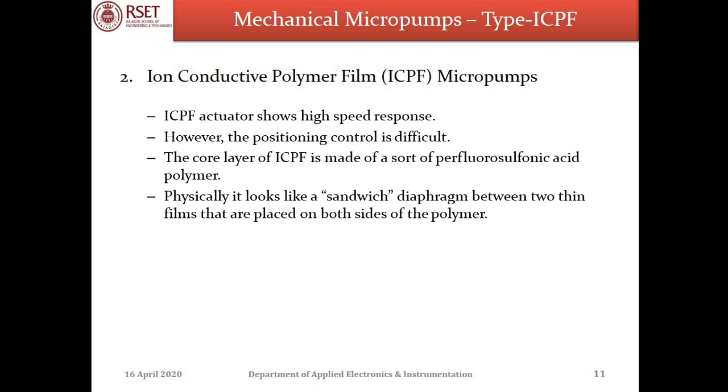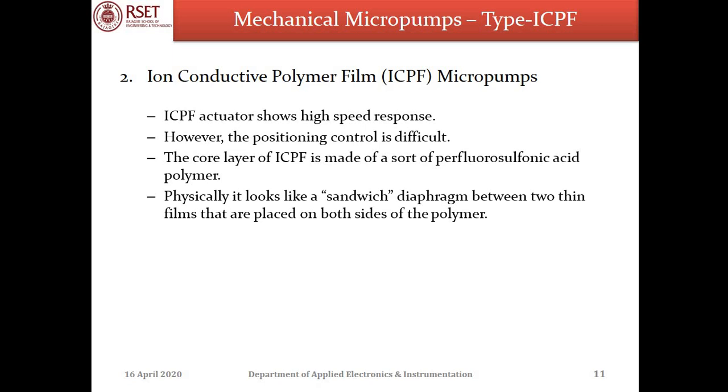Now what is the construction? Here a core layer of ICPF is made of a sort of perfluorosulfonic acid polymer. So that is the central core layer, and this actually looks like a sandwich diaphragm between two thin films of chemically plated platinum.